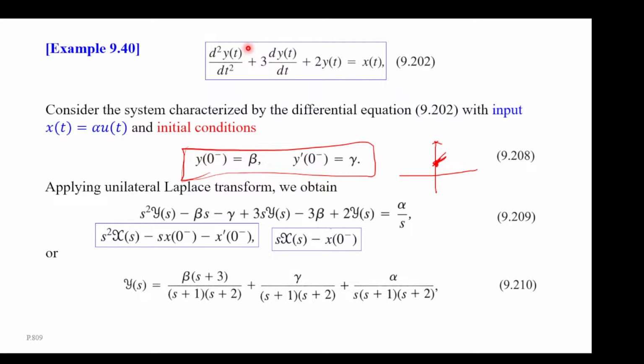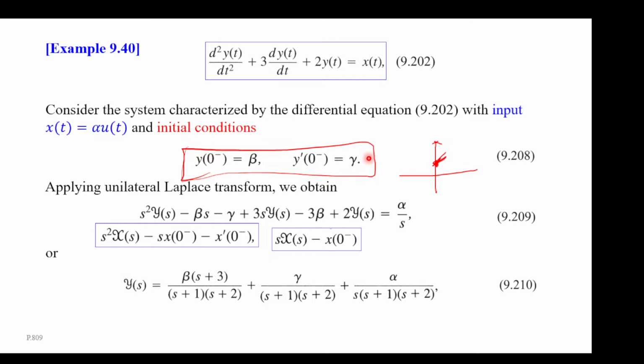But anyway, you have those derivatives on y, and then you need to find all those boundary terms through the initial conditions. So those y of 0 minus or y prime of 0 minus, or even higher order terms. Then you plug in the initial values. Here the initial values are just the numbers beta and gamma.